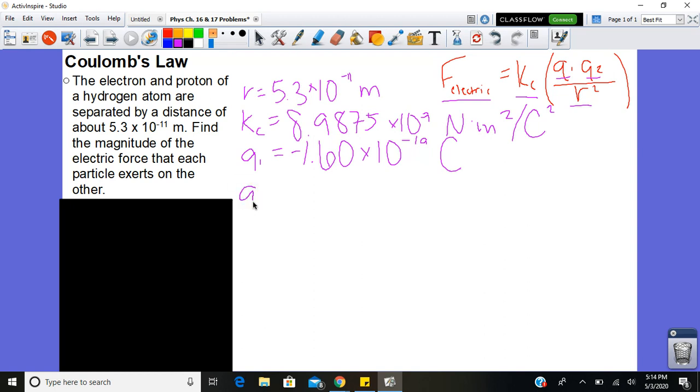Okay, then my proton is going to be my second object. And a proton is going to have the same charge, but this time it is positive. So we have 1.60 times 10 to the negative 19th coulombs.